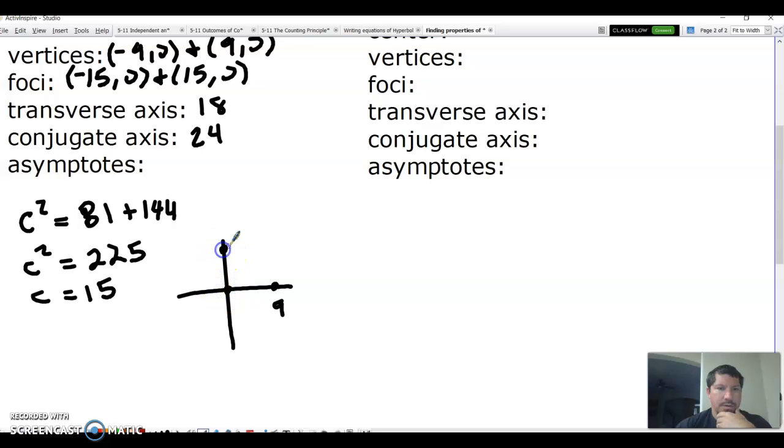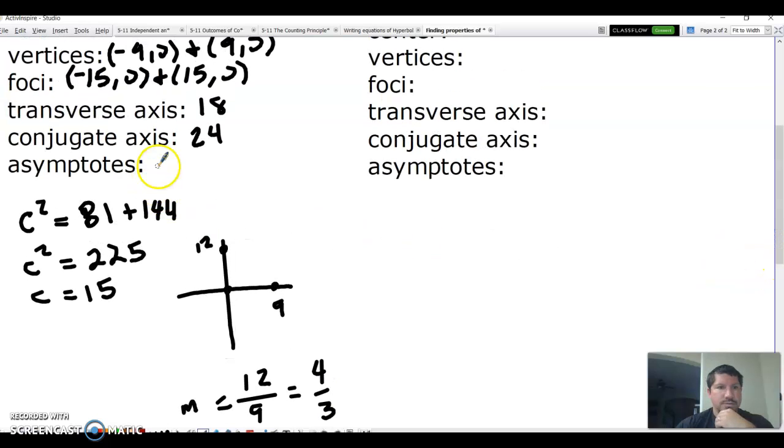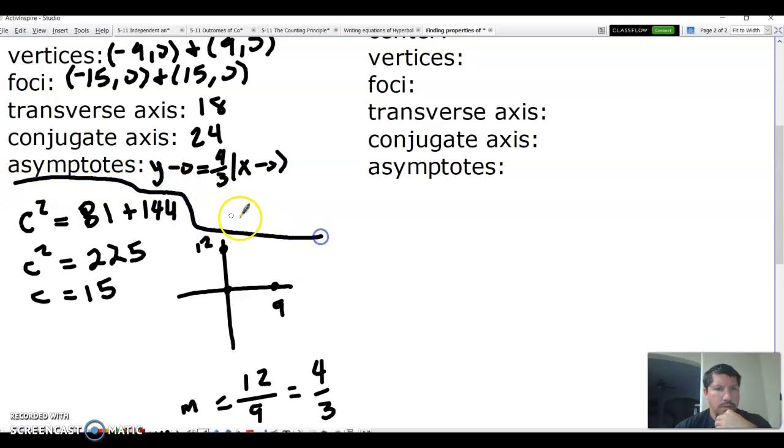My co-vertex is over here, 12. So really it's 12 and 9, so 12 over 9, which will reduce to 4/3. So y minus 0 equals 4/3 x minus 0 and y minus 0 equals negative 4/3 x minus 0.